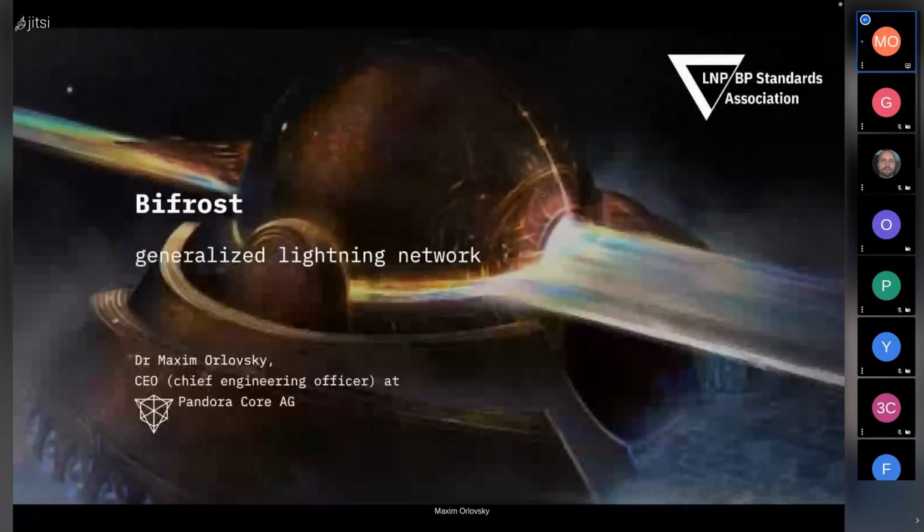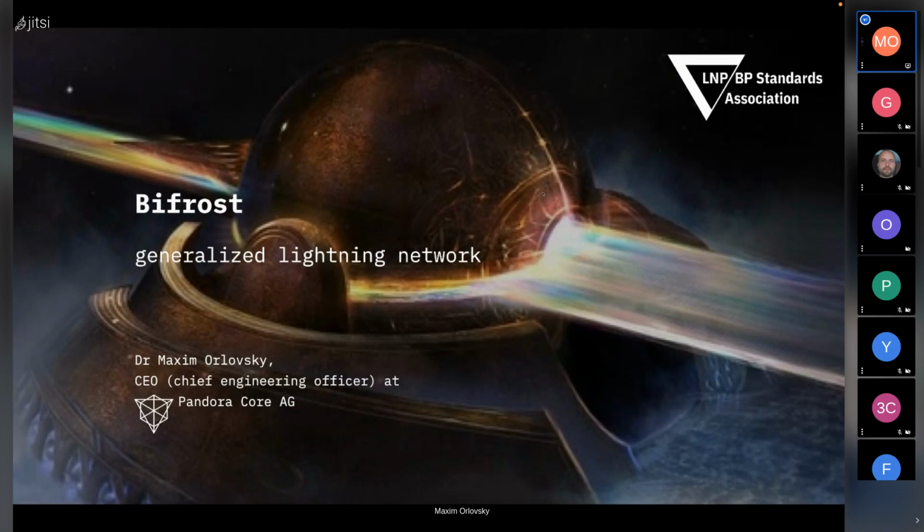And today I would like to devote this call to this Bifrost thing, which is slightly more generic, or not even slightly, which is much more generic than just an RGB related story. It's actually an upgrade to the Lightning Network itself, an upgrade which enables things which RGB requires, but also, additional to RGB, brings a lot of other stuff.